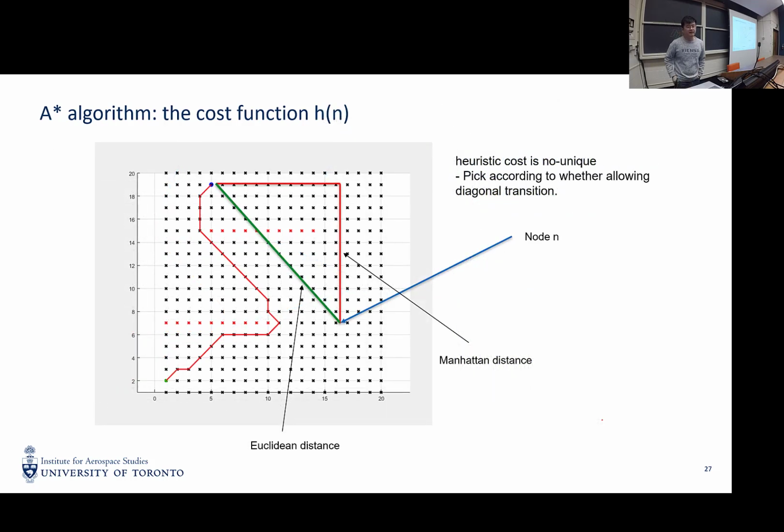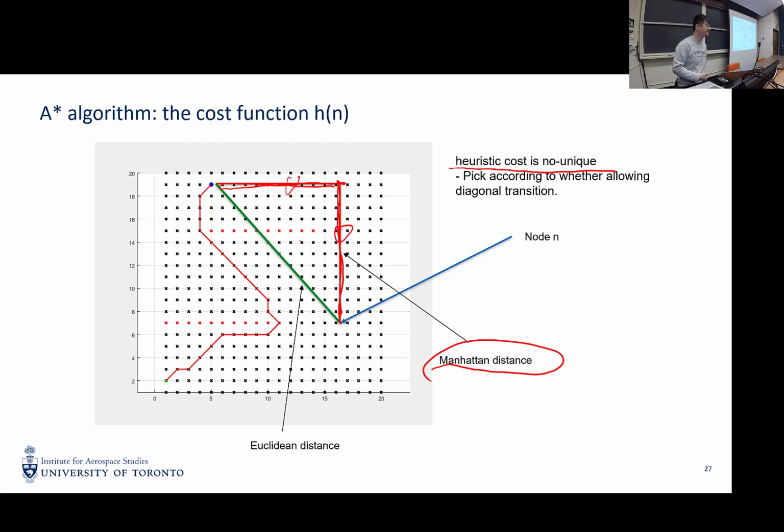The heuristic cost is an important aspect of the A-star algorithm. One important thing is that it is non-unique, so you can pick your own heuristic function. But usually there are two candidates. One candidate is called Manhattan distance. Basically, it's the summation of the differences in the x and y directions, so it's a summation of these two straight lines.